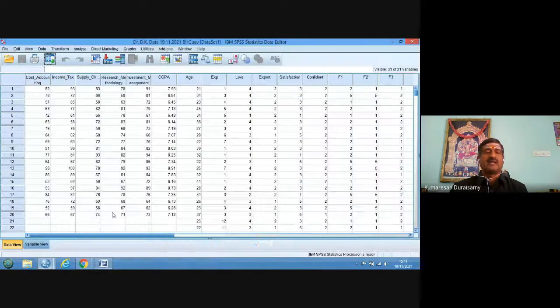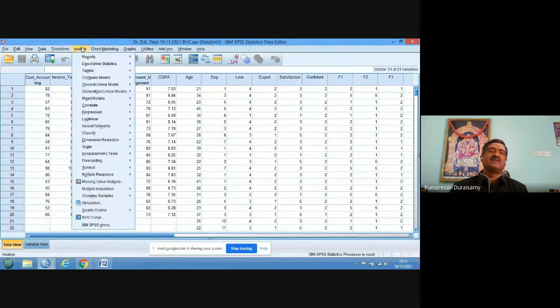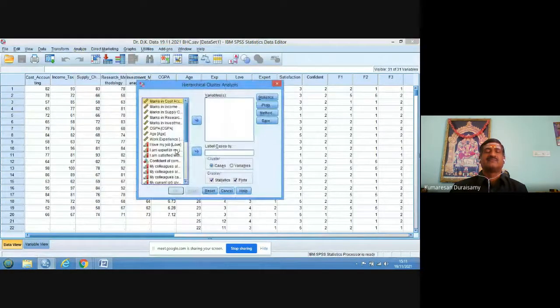Now I'll go to the analysis. Analyze, classify, hierarchical cluster. I have selected. Look at these variables.